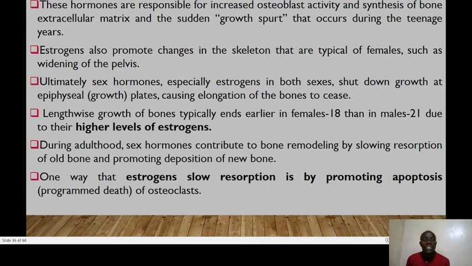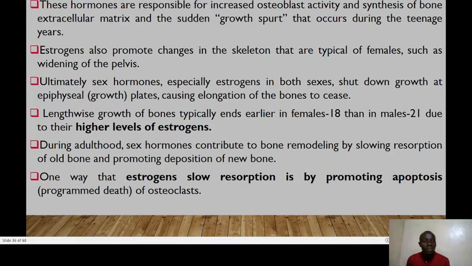Estrogens also promote changes in the skeleton that are typical of females, such as widening of the pelvis. Ultimately, sex hormones, especially estrogen in both sexes, normally shut down growth at the epiphyseal plate, causing elongation of bones to cease.